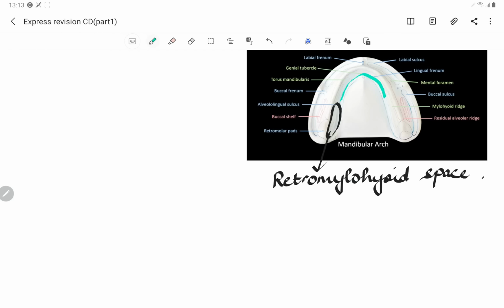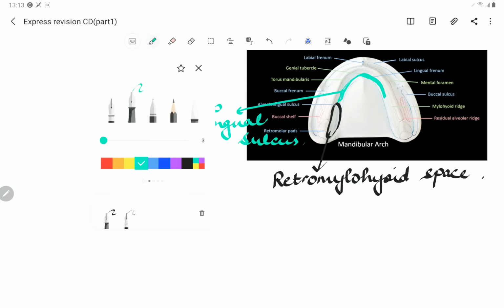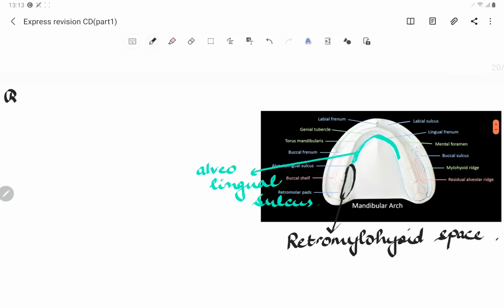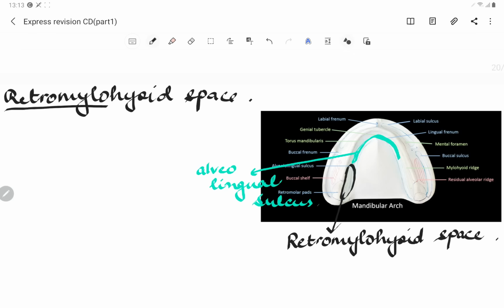This is the alveolingual sulcus, which is lingually, and distal to it is our retromylohyoid space. So the retromylohyoid space is distal to the alveolingual sulcus.